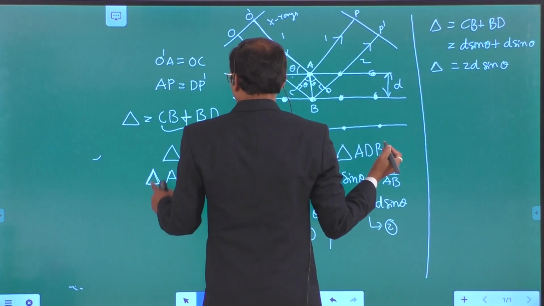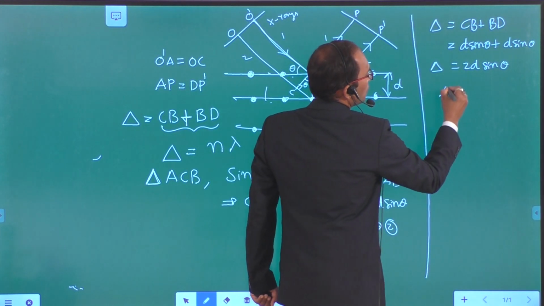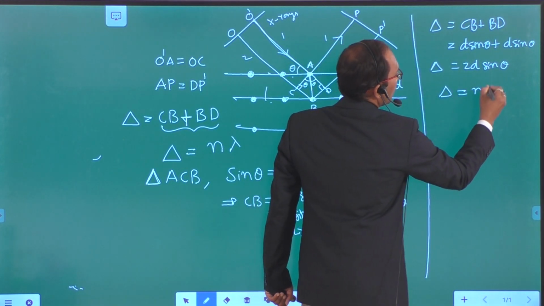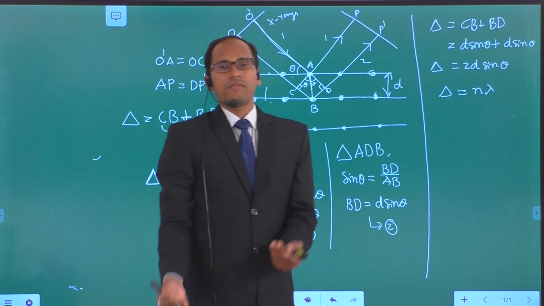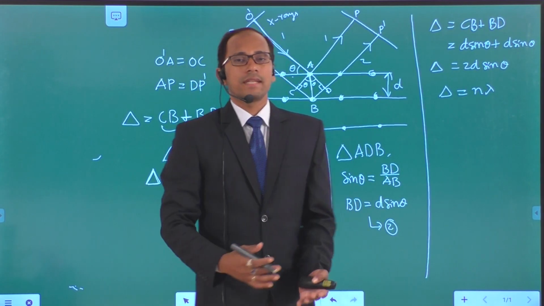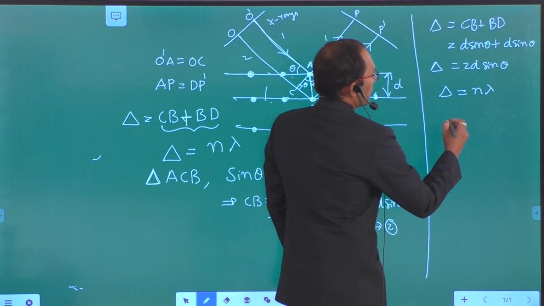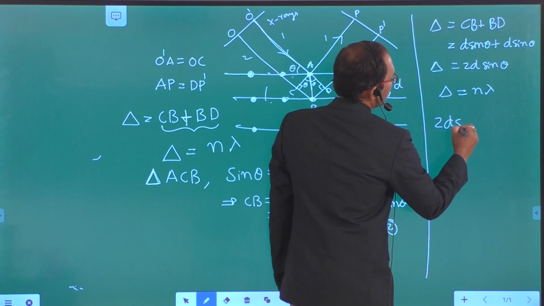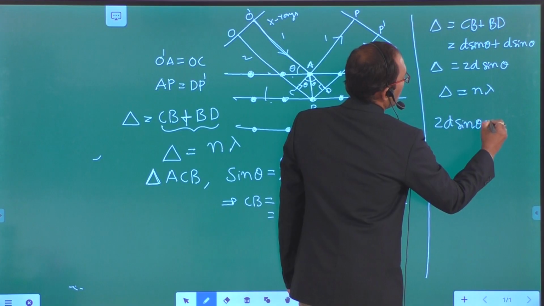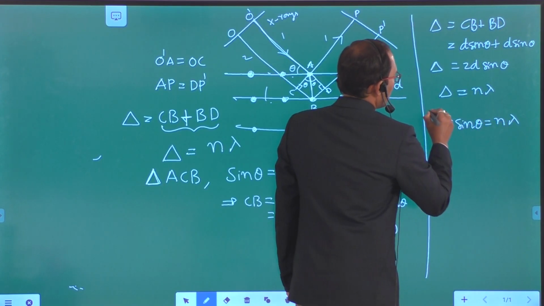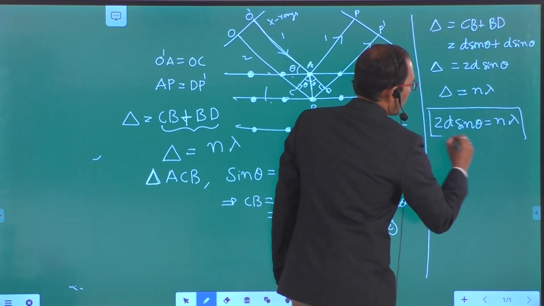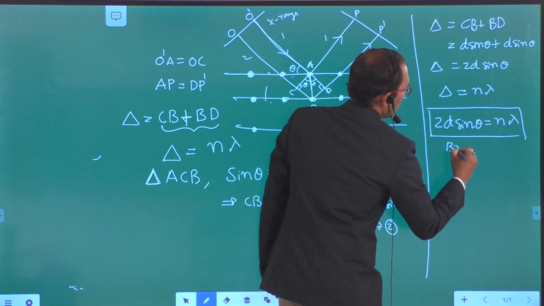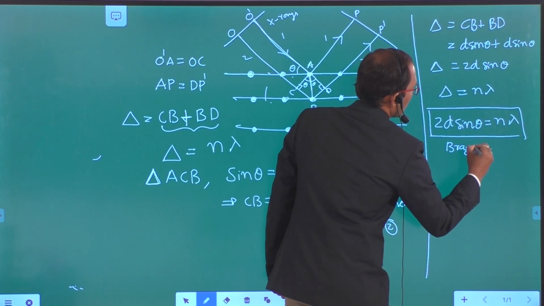Now for constructive interference, delta is equal to n lambda. If the path difference is equal to n lambda, then diffraction takes place. From these two, we can write 2d sin theta is equal to n lambda. This is called Bragg's law or Bragg condition.